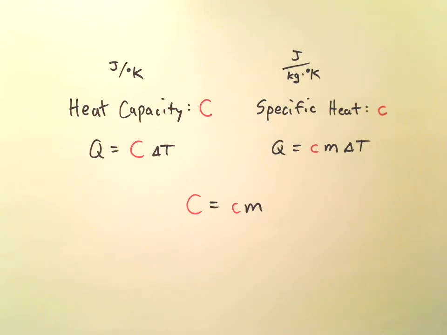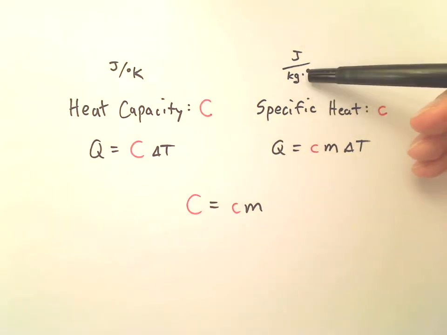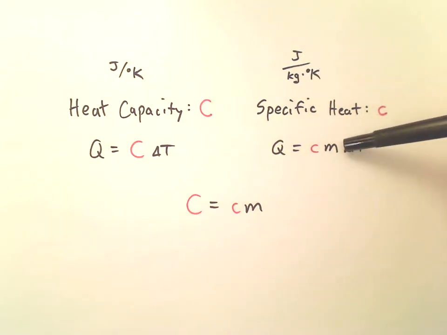So when people are being sloppy about this terminology, heat capacity, specific heat capacity, you just have to remember that specific heat and specific heat capacity have the mass units, and there's the mass variable right there in the formula, whereas heat capacity has no mass units, neither there nor there.